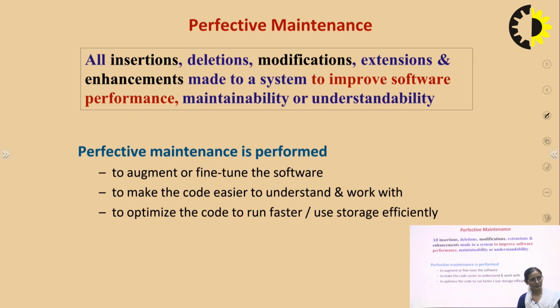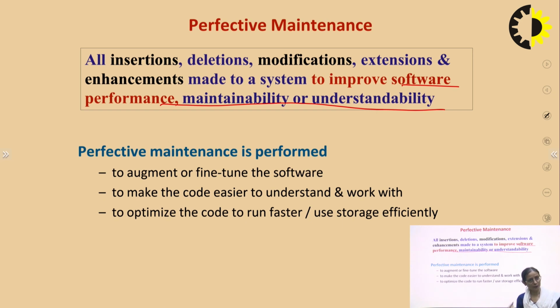Next is my perfective maintenance, that is, all insertions, deletions, modifications, extensions and enhancements made to a system to improve the software performance, maintainability or understandability. That is, we are not encountering any kind of error or fault, but we are improving the throughput or efficiency of my software.